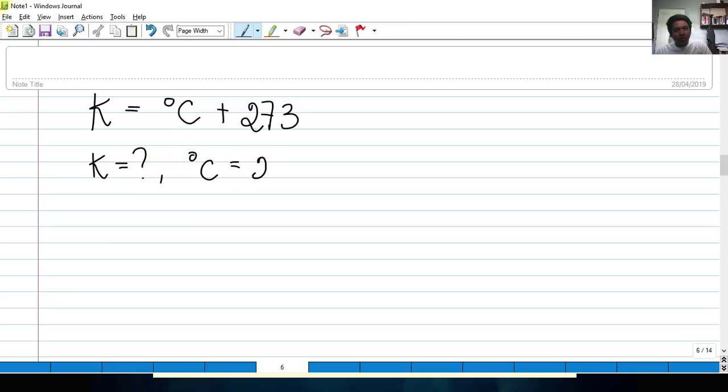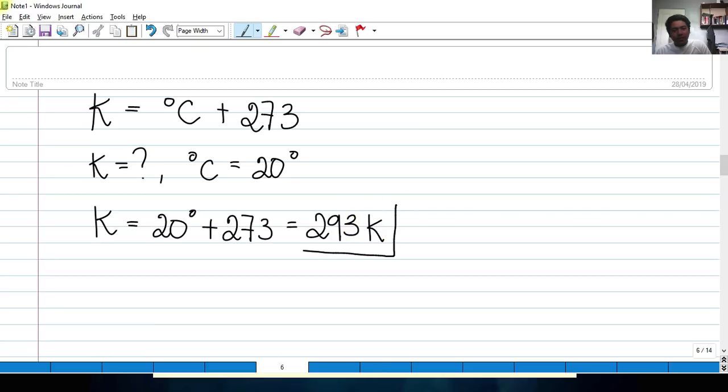Simply, by our formula, the temperature in Kelvin is degrees Celsius plus 273. So that is 20 plus 273, which is 293 Kelvin. That is our conversion from Celsius to Kelvin.